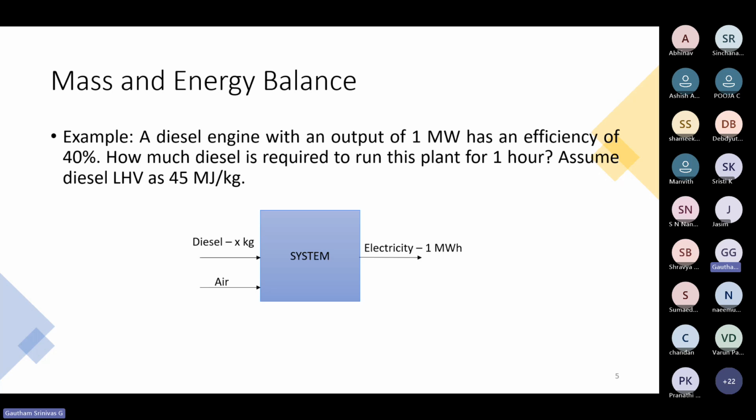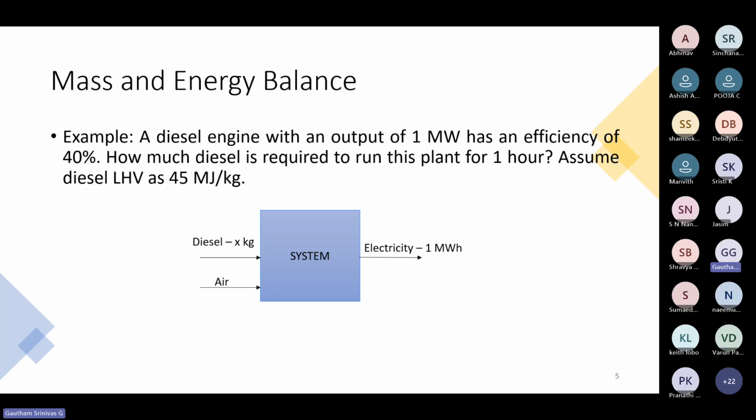So if you burn 1 kg of diesel, you are supposed to get 45 megajoules, but you get only 40% of this. What is 40% of 45? 18 megajoules.